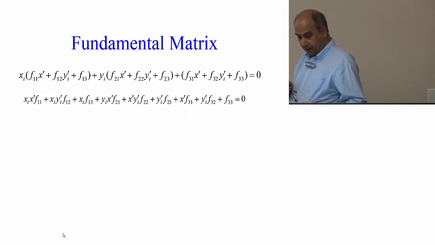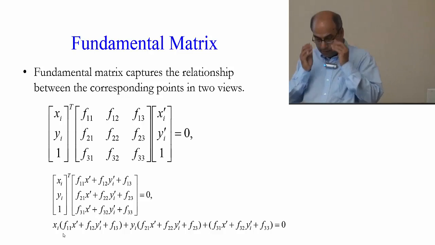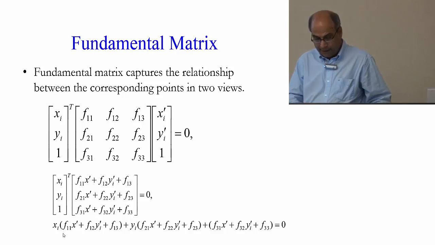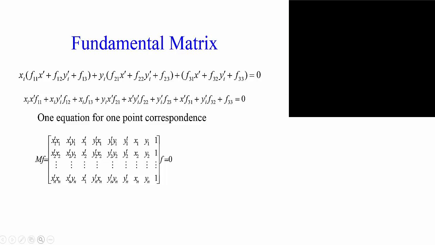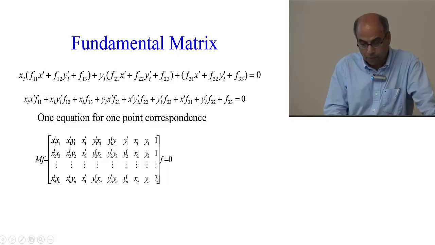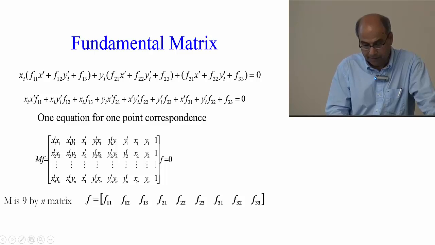Again, since it's a homogeneous system, we are going to select one of these elements as 1, and then we have to find out the remaining. And so we have this f vector, and then these are the first point, second point, third point, n-th point, and this is called the measurement matrix.